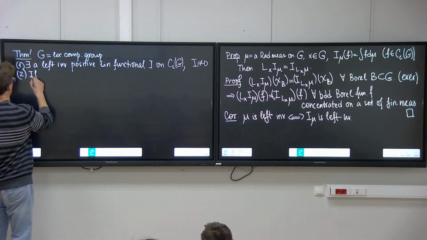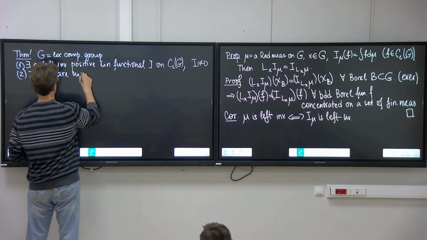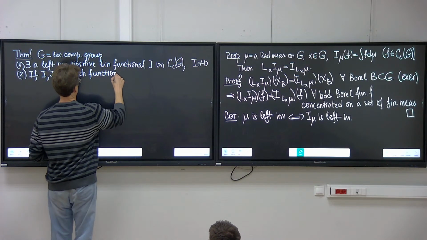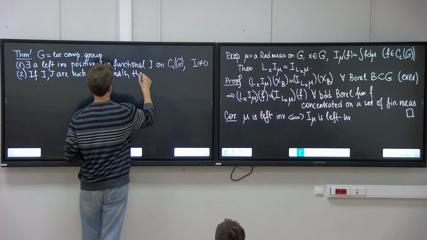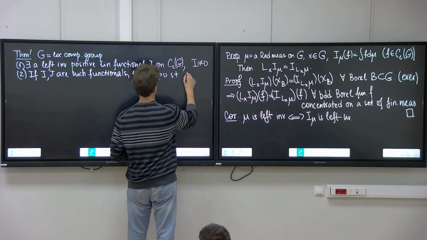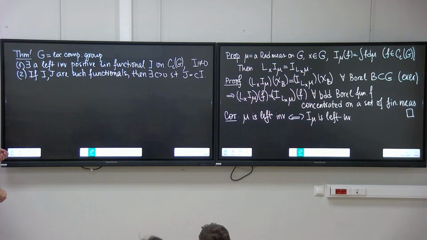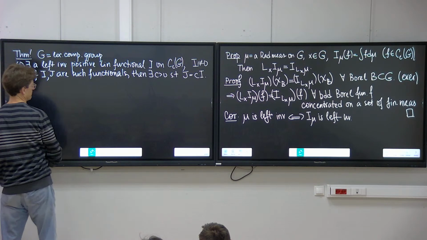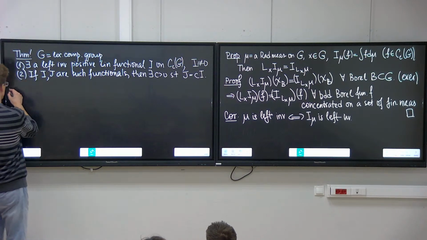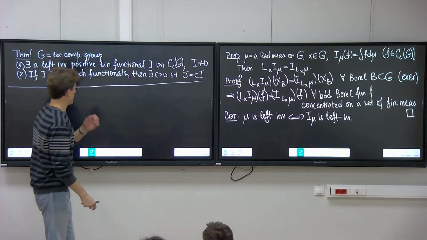If I and J are such functionals, then there exists a positive constant C such that J equals C I. So, by the previous corollary, we see that this theorem is indeed equivalent to the Haar measure result. Okay.